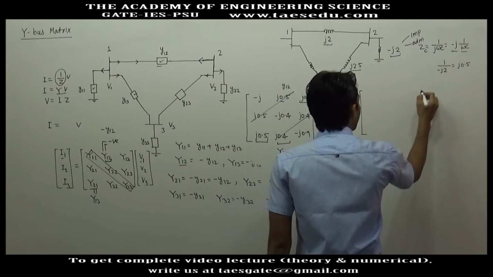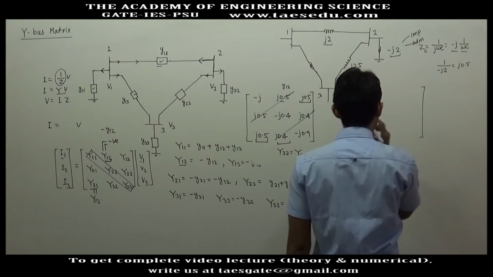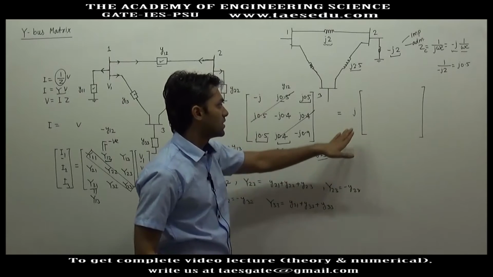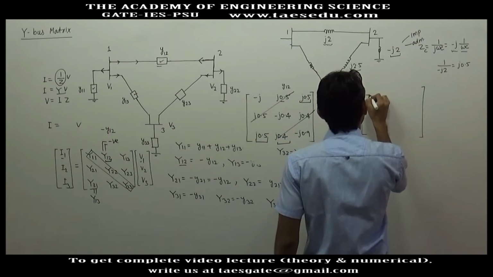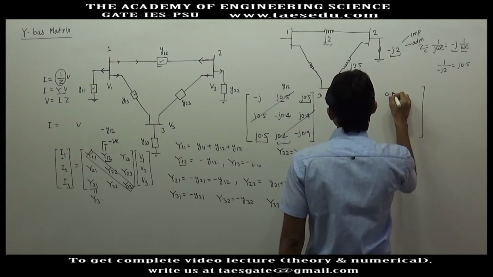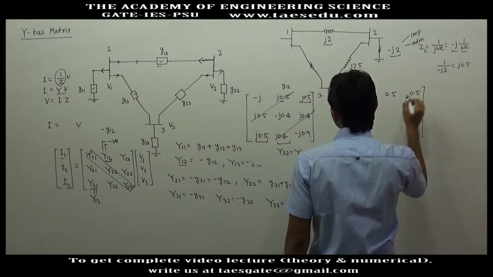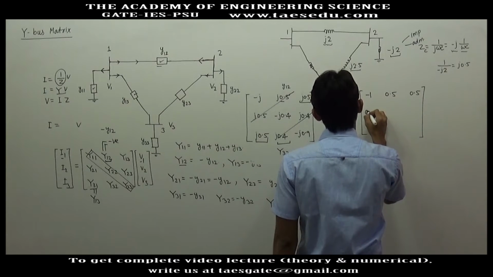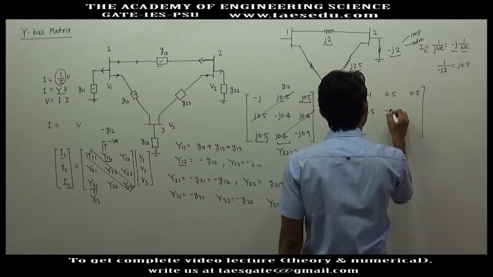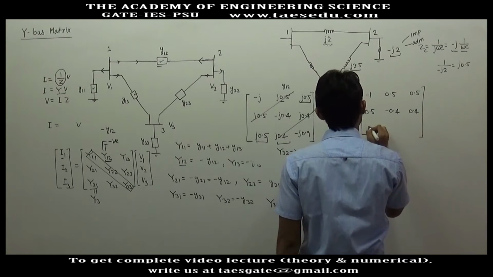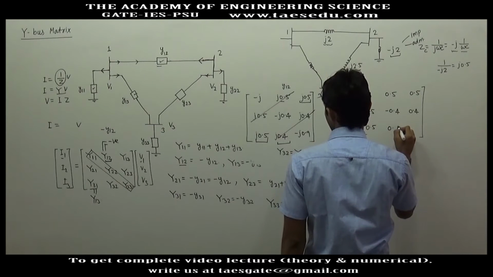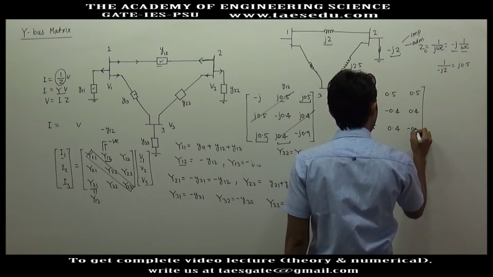If you take j common, as normally done in a question, here you will have minus 1, 0.5, 0.5, 0.5, minus 0.4, 0.4, 0.5, 0.4, and minus 0.9.